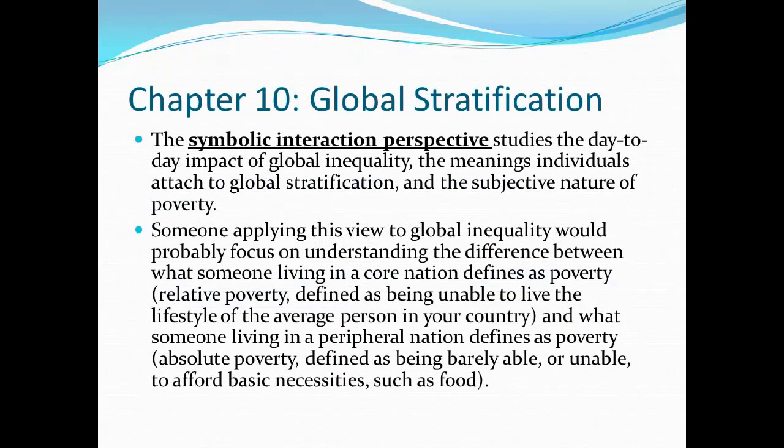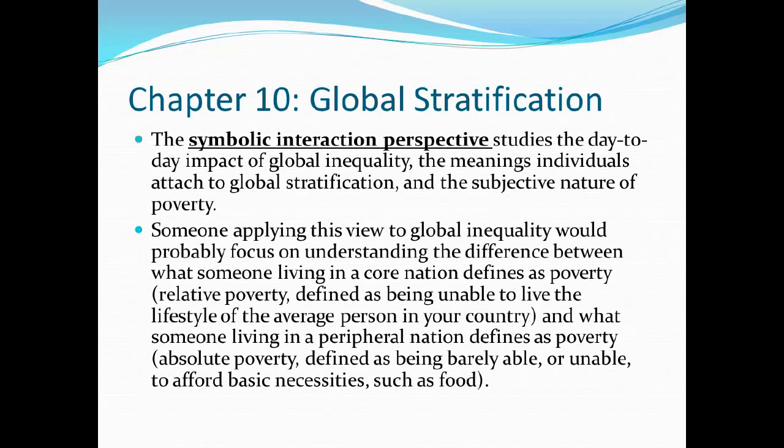The symbolic interactionist perspective, you all know it, studies the day-to-day impact at a micro level, person to person, of global inequality, the meanings individuals attach to global stratification, and the subjective nature of poverty.